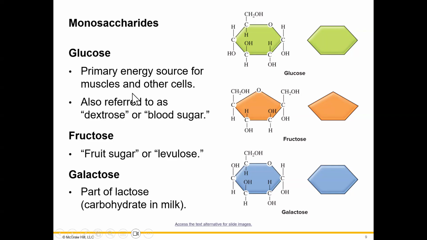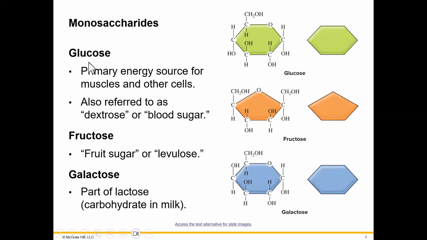Your body does like to use glucose as its energy. You see the chemical makeup here, how it includes carbon, hydrogen, and oxygen. Glucose is one of the three types of simple sugars.